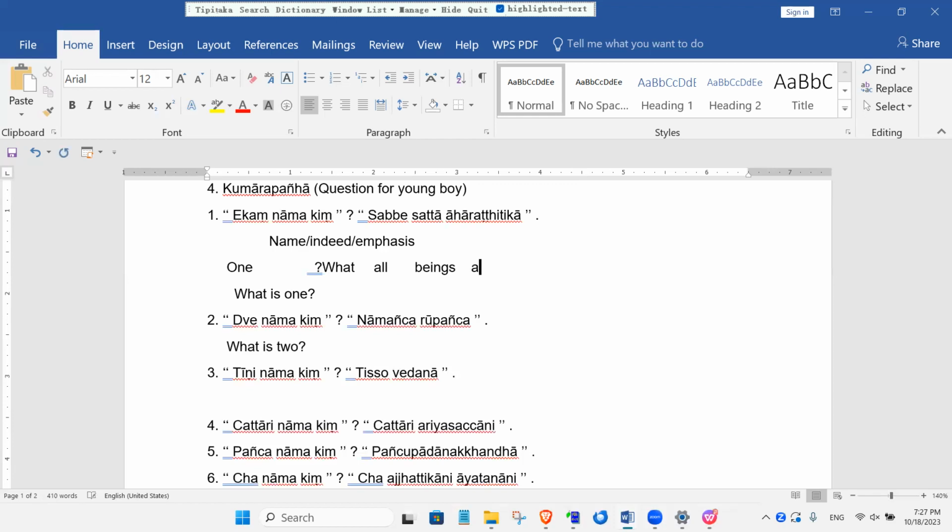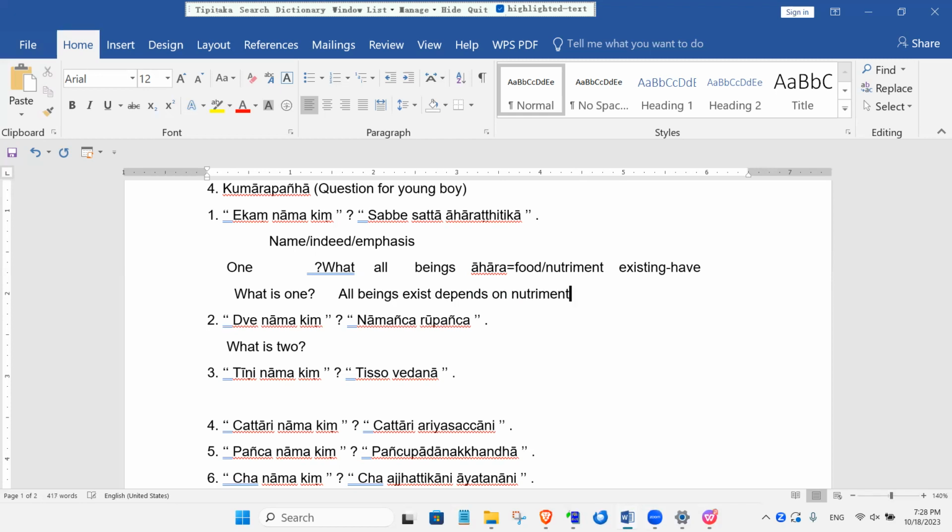Ahara is food, nutriment. Thitika means existing or subsisting. The direct translation is: all beings subsist on food, exist depending on nutriment.